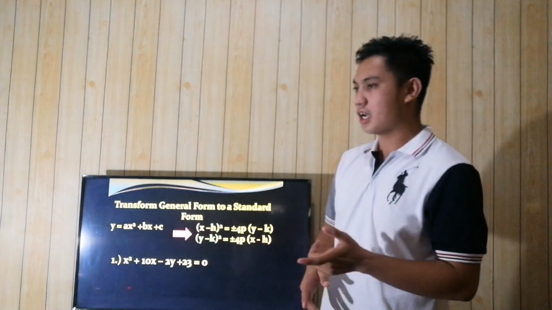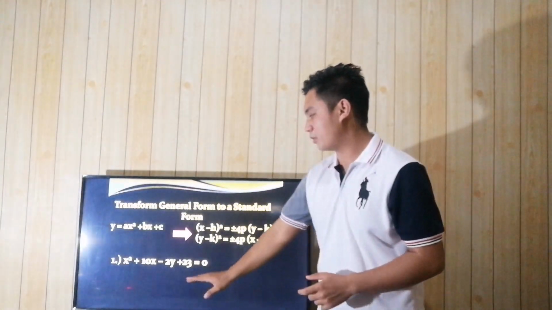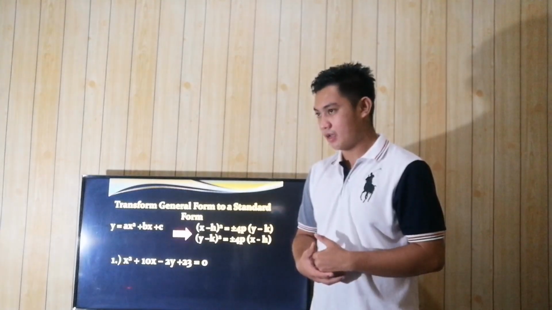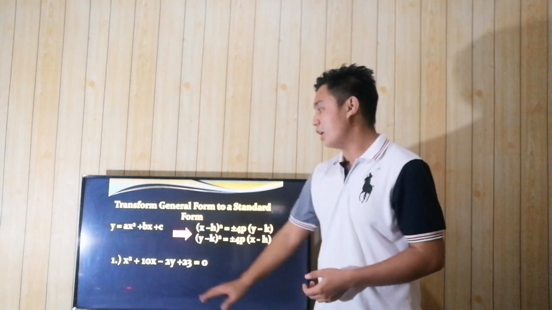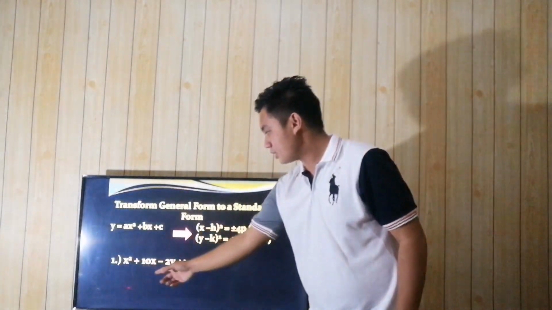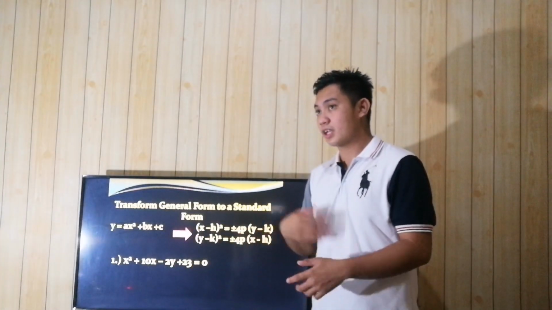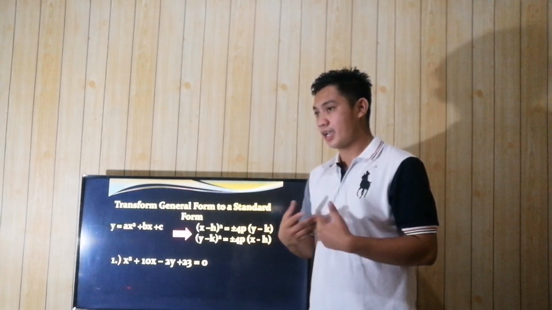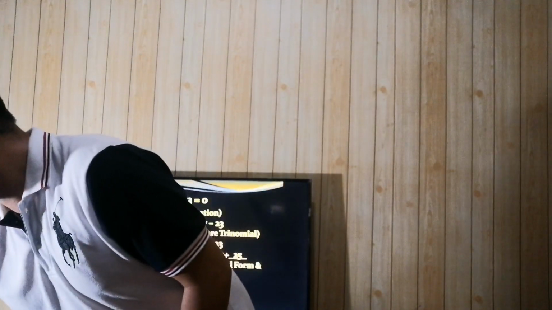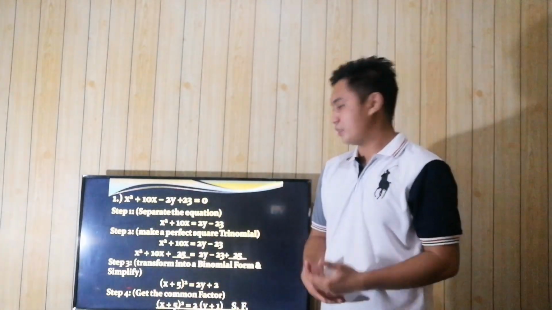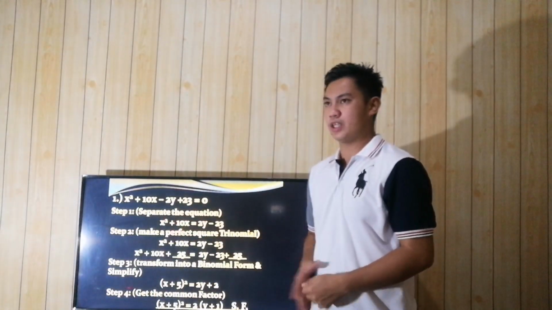Okay lang. This is our example number 1. x squared plus 10x minus 2y plus 23 is equal to 0. This equation is what? General form. So, ita-transform natin siya into a standard form. Now, paano? Ganito ang kanyang procedure. The first step to do is separate the equation.